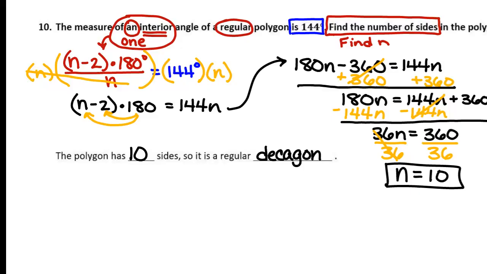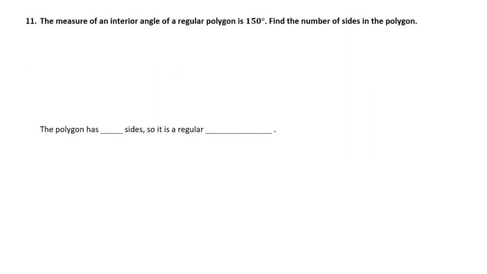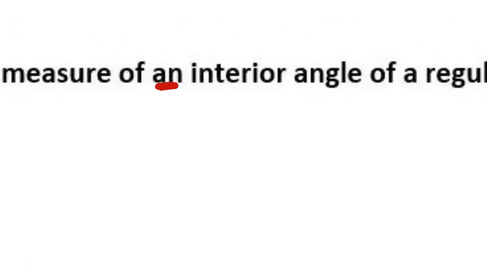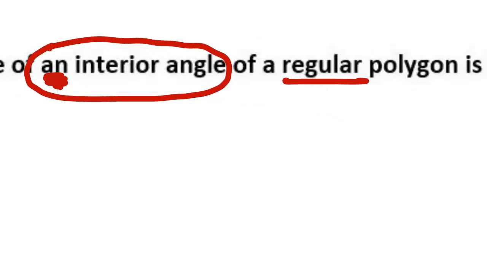Let's do one more like that. Top of the next page, number 11. Let's do another one that is just like that. All right, it says the measure of an interior angle of a regular polygon.